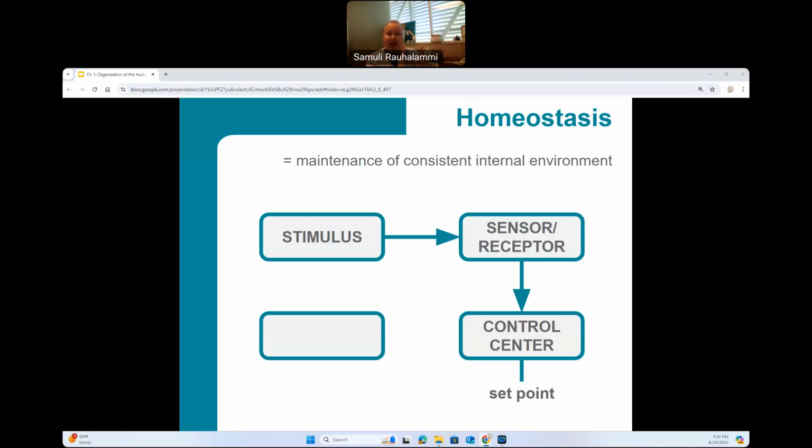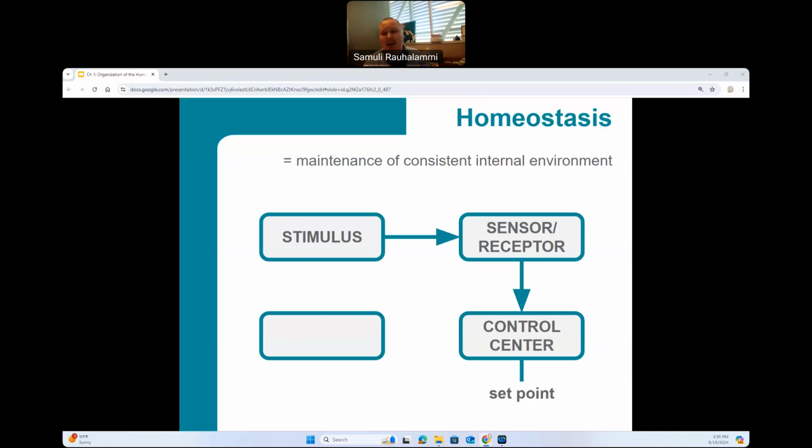The set point is a range of acceptable values that would be normal, for example, for body temperature. The stimulus sensed through the sensor or receptor gets compared to the set point within the control center. If it falls within the set point, everything is fine. If it falls outside the set point, though, then we must do something about it.